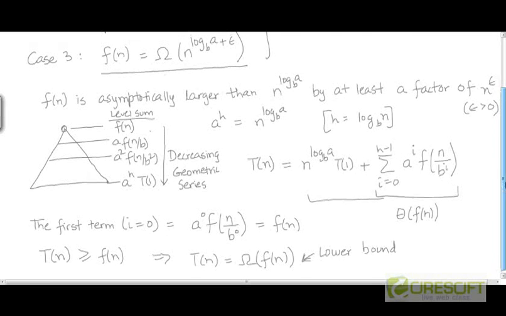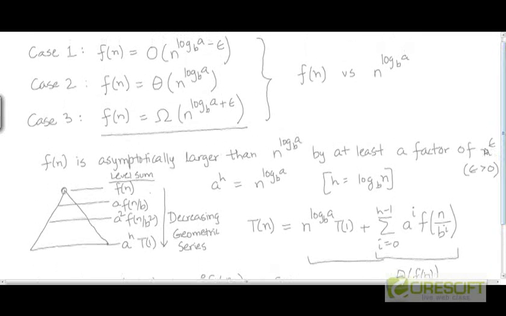So if you look at the statement for master theorem in the book, you'll find that case 3 doesn't just assume that f of n is big omega of n to the power log of a plus epsilon, but it also assumes that the common ratio in the series, in the summation, is less than 1.